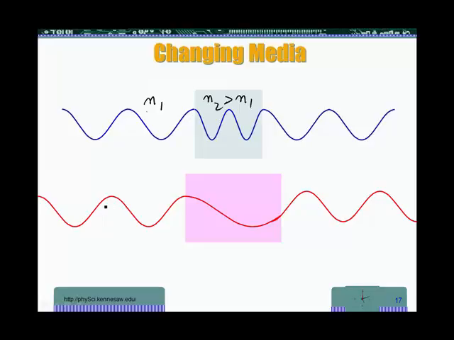And here, when I have a small wavelength and I go to a larger wavelength, that means that the wave here is moving faster. That means that the index of refraction is smaller. Okay, that's the end of this segment.